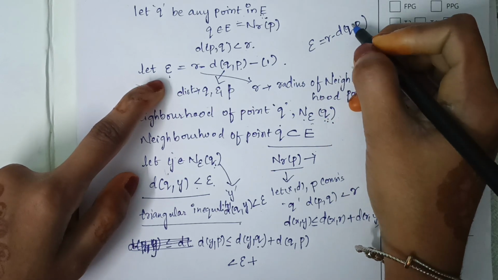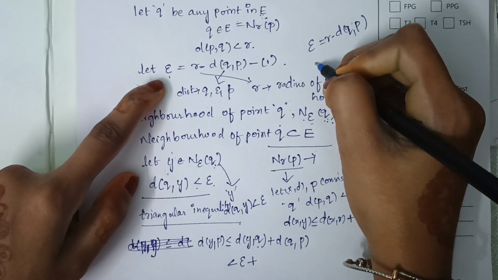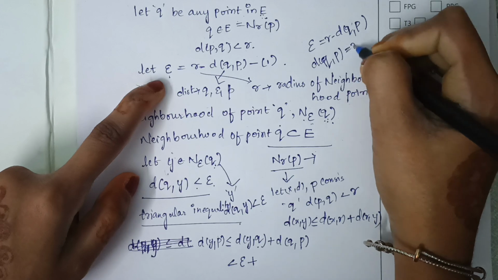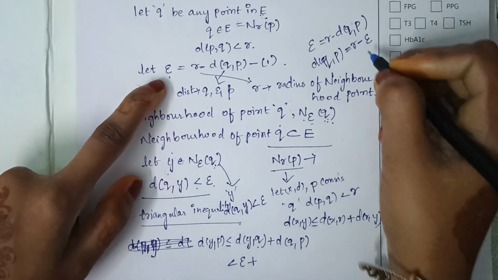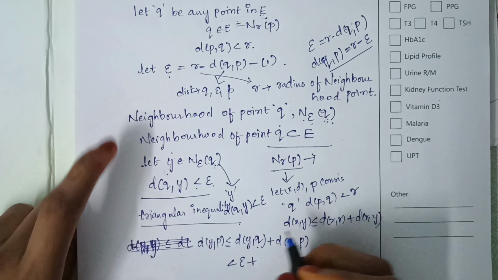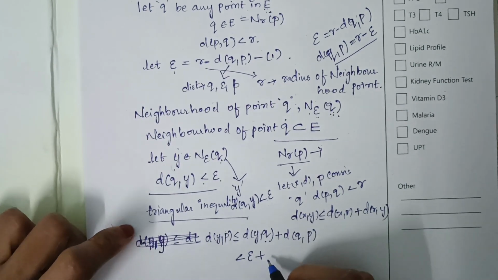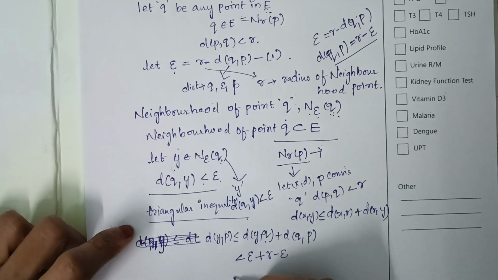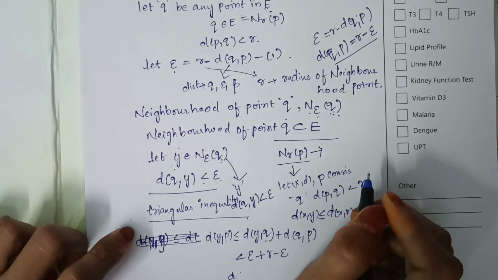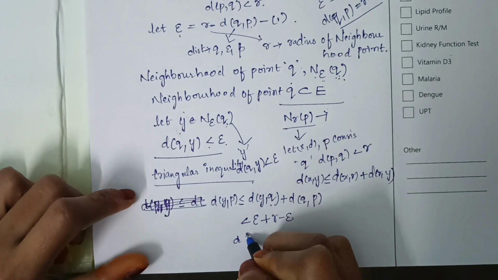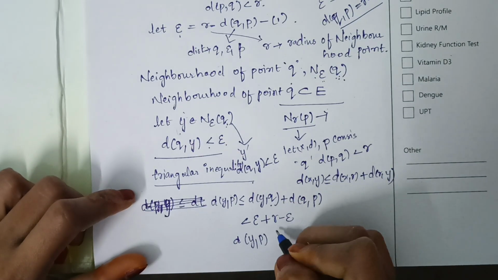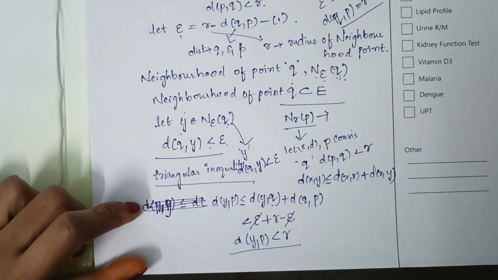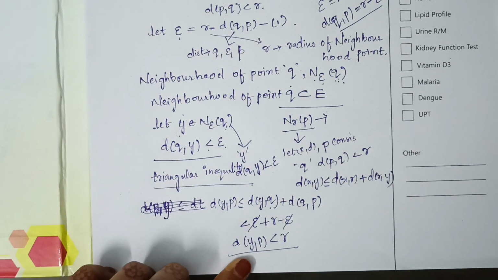So if we send this d of q comma p to this side, then we get the distance between q comma p equals r minus epsilon. So I can substitute this here, which is r minus epsilon. So we get the distance of y comma p is less than r. Epsilon cancels, which is less than r.